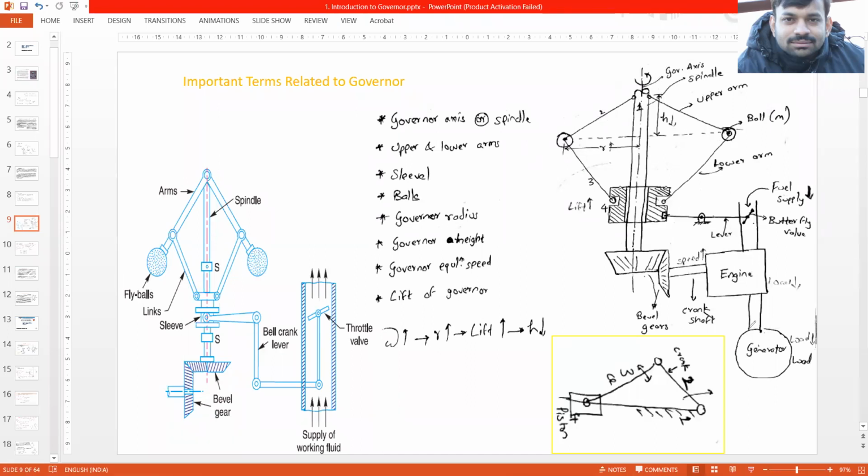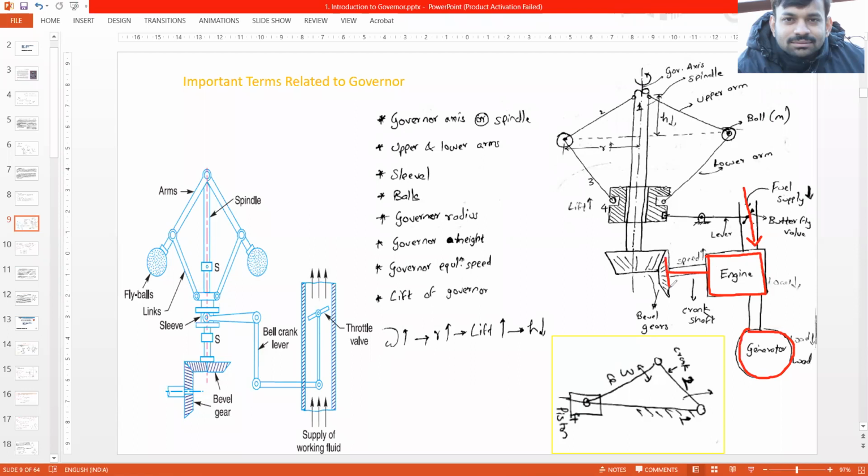So we have a generator over here. All right, this generator's shaft is coupled with the shaft of the engine. Okay, and to run this engine, the fuel is supplied from here. All right, now this is the crankshaft.